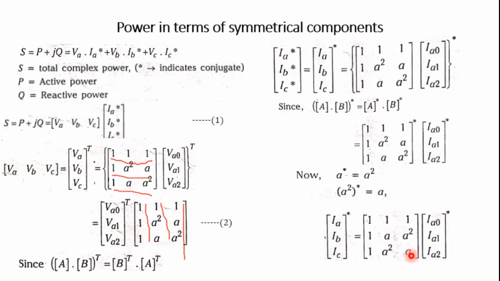The conjugate of a² will become a, and the conjugate of a will become a². We are just writing these values in the matrix. Call this equation 3.